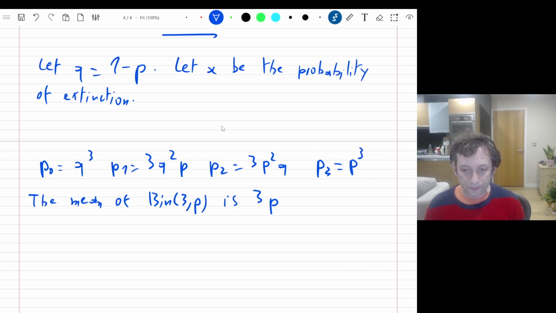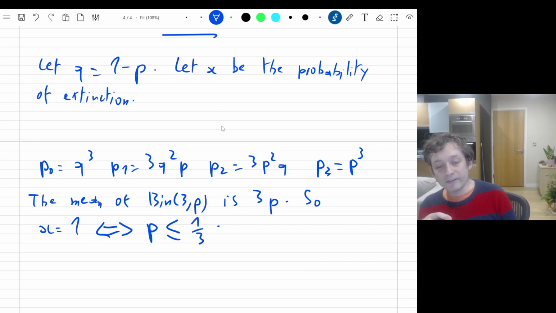Here, n equals 3. So this means, by the theorem, that x equals 1 is equivalent to p less than or equal to a third. So if you have a possibility of 3 children, but each possibility only has a probability less than 1/3 of happening, then on average you have less than 1 and the process dies out. So that technically answers the first half.